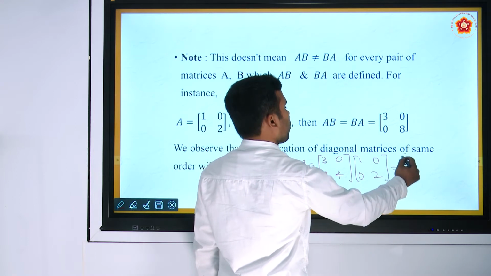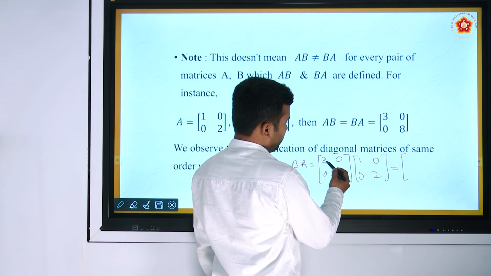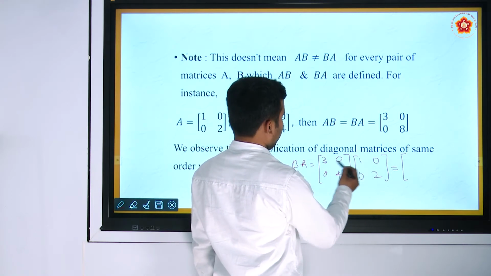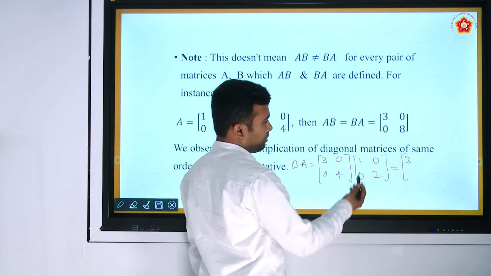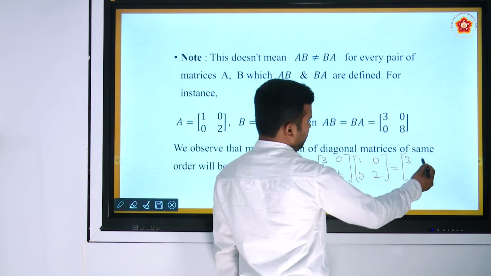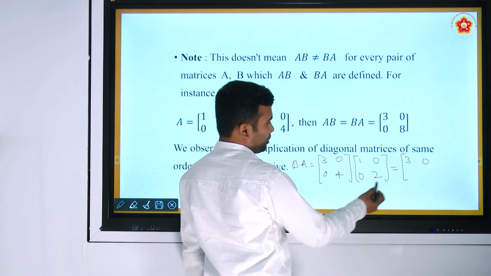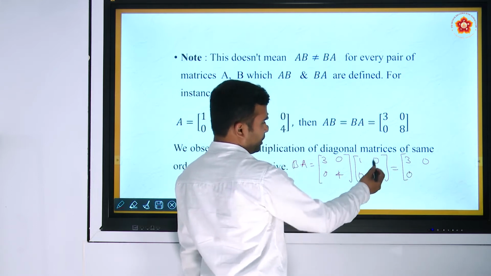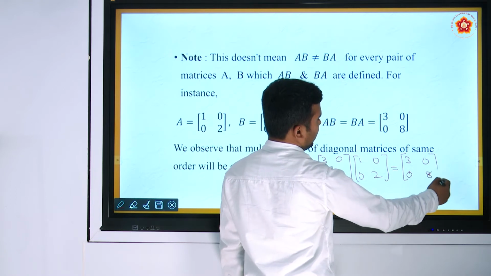So you find the product matrix BA. 3 into 1 is 3, 0 into 0 becomes 0, the value will be 3. 3 into 0 is 0, 0 into 2 is 0, and 0 into 1 is 0 plus 4 into 0 is 0, and 0 into 0 is 0 plus 4 into 2 is 8, 0 plus 8 is 8.